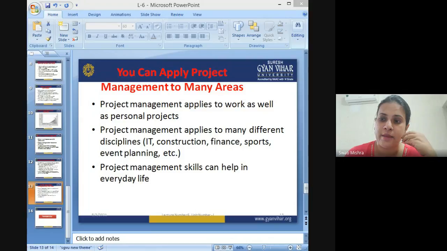So there are multiple theories that you're going to learn in project management, which are also applied by sports teams and their captains and their coaches to make good strategies to win in the events, in the sports activities.